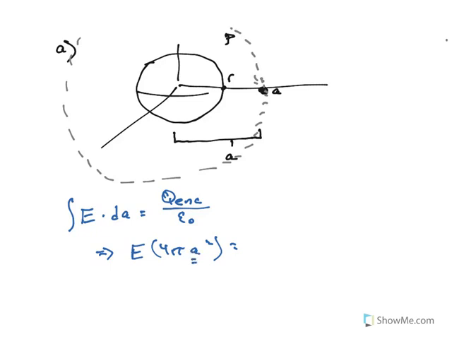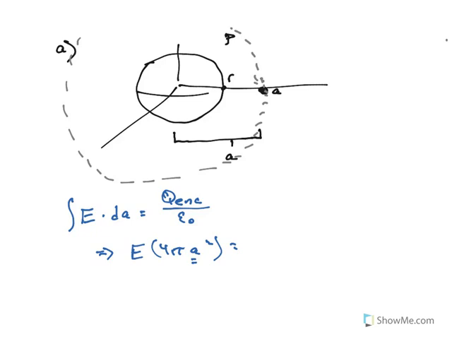Remember, this is the radius. The dA is the surface area of the fake sphere I drew around the real charge. So the real charge has radius R. I drew this imaginary surface, what's called a Gaussian surface, so that it goes through point A. It's encompassing the whole thing.